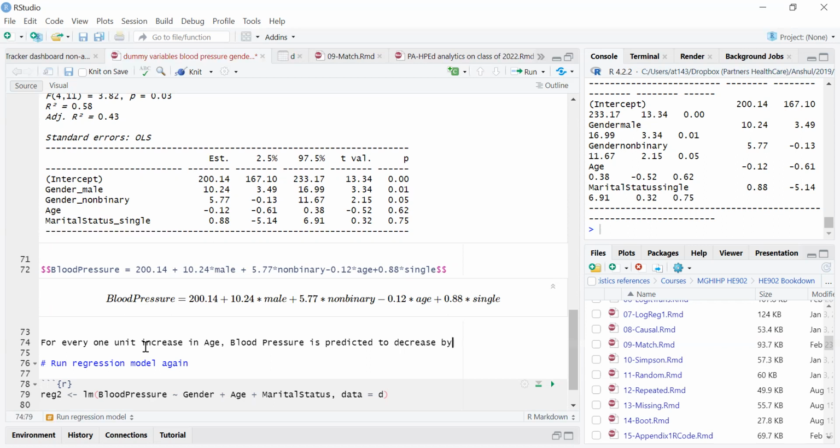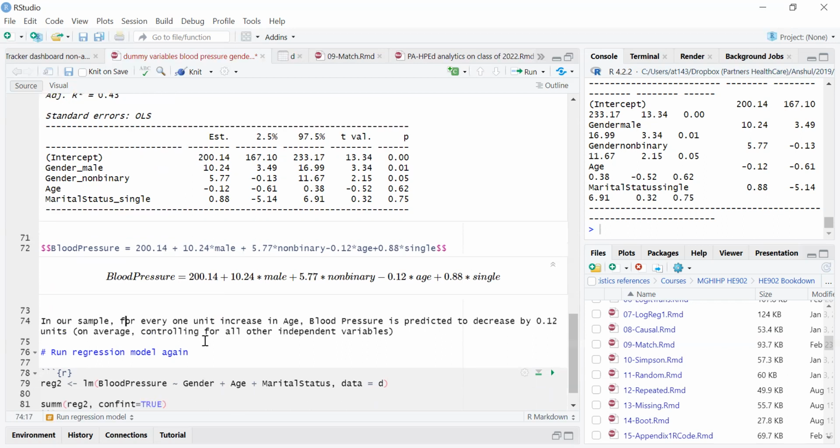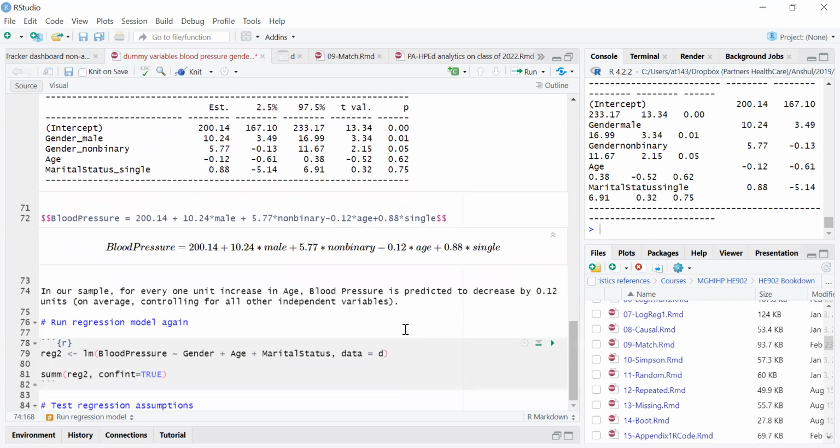Decrease by 0.12 units. And that's, of course, on average, controlling for all other independent variables. And that's in our sample only. We'll just talk about the sample interpretation for now. Good. So that's more intuitive to us if we're used to just dealing with continuous numeric independent variables like age.